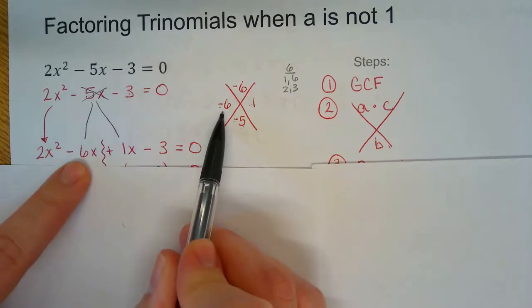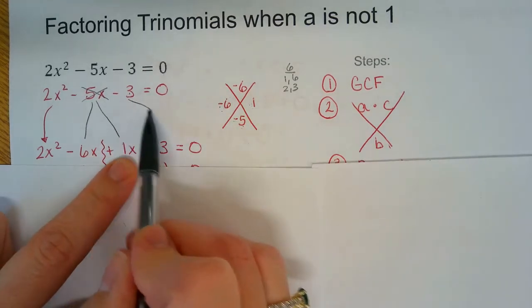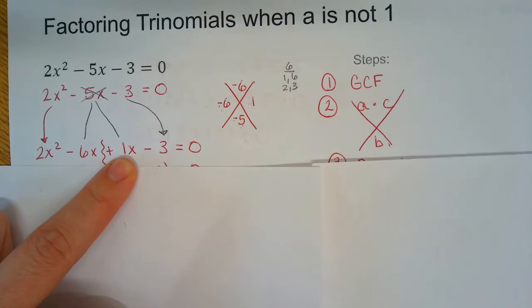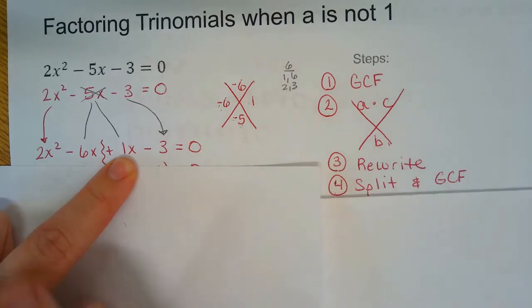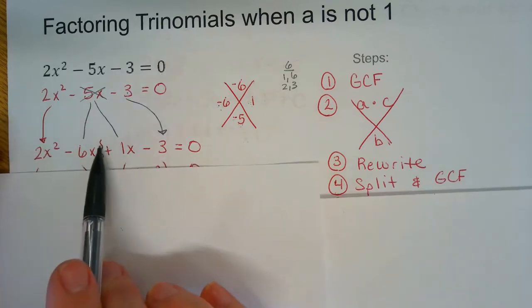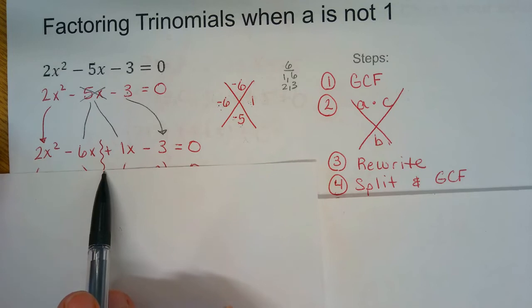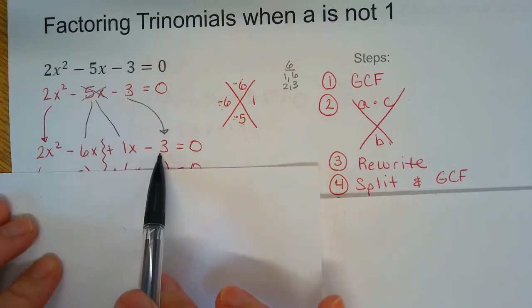So I'm writing negative 6x, positive 1x, and then I'm dropping down that negative 3. Once you are here, you're going to split it again. So it's called grouping. So I am going to regroup here, and I'm going to do a greatest common factor. So I'm splitting it from the first two and the last two.